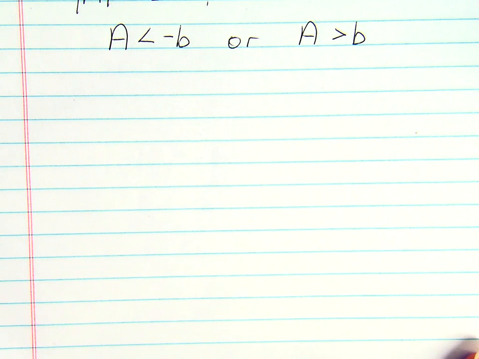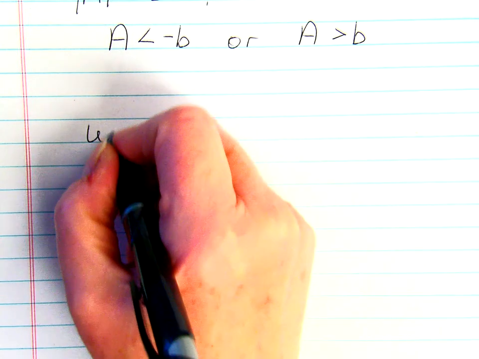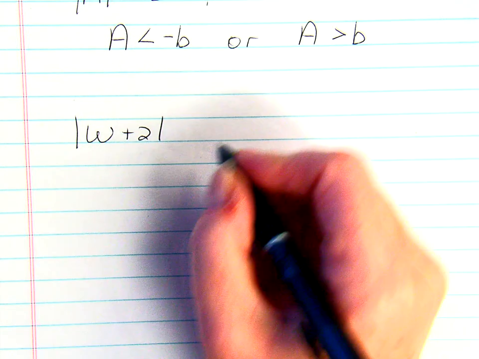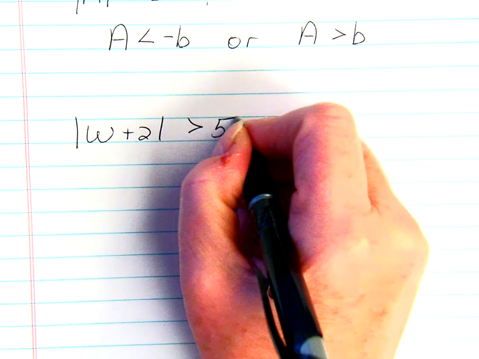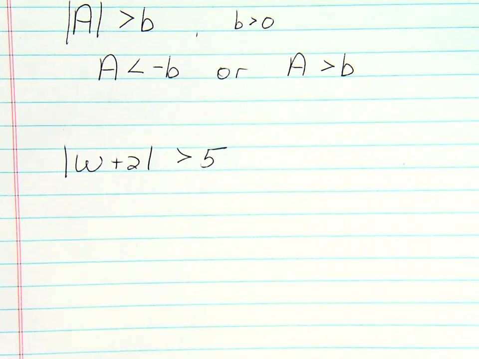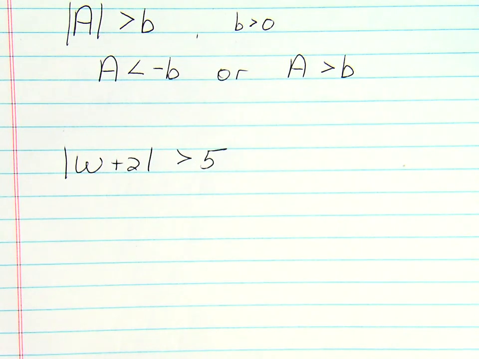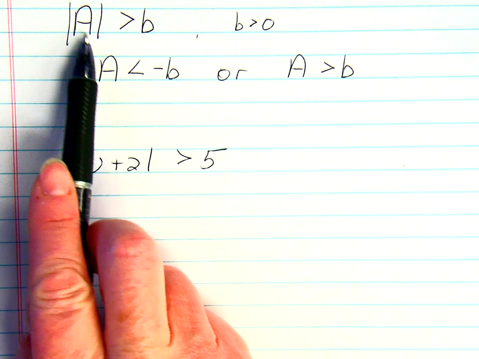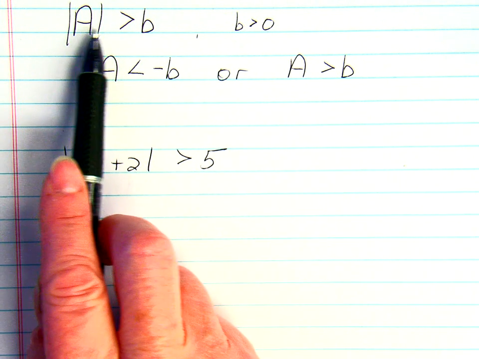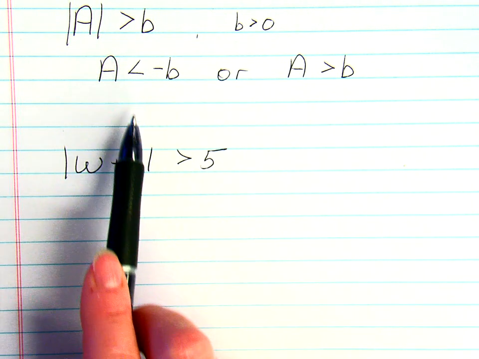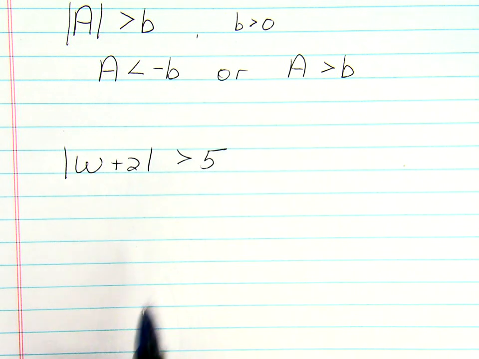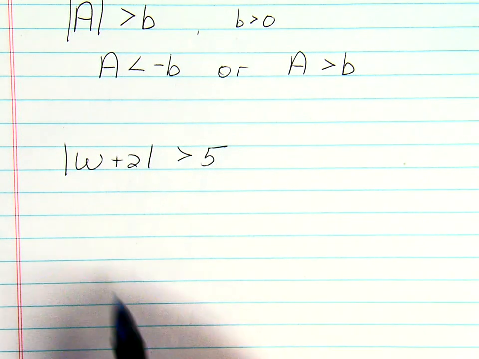Let's start with a problem: the absolute value of W plus 2 is greater than 5. Now if we look back to the rule, where we have the variable expression being greater than B, then we see that we're going to be using this technique here.